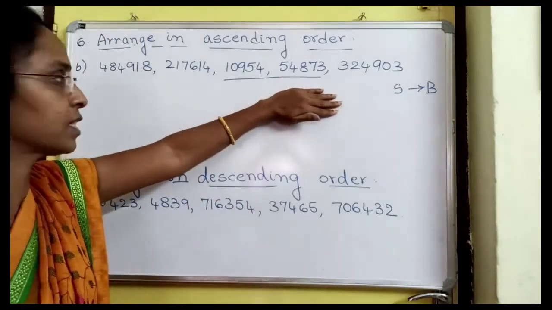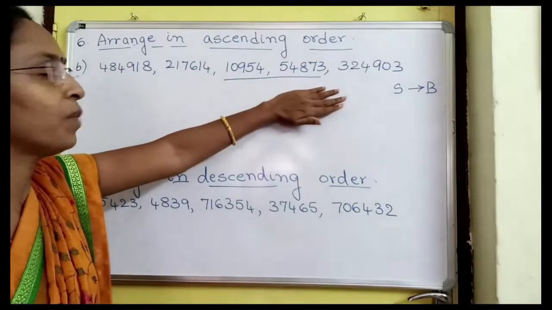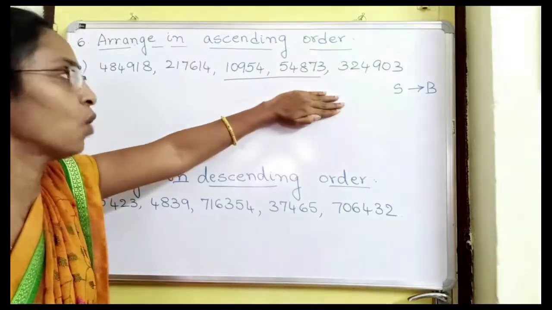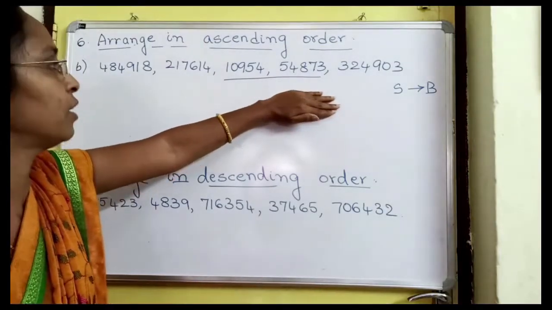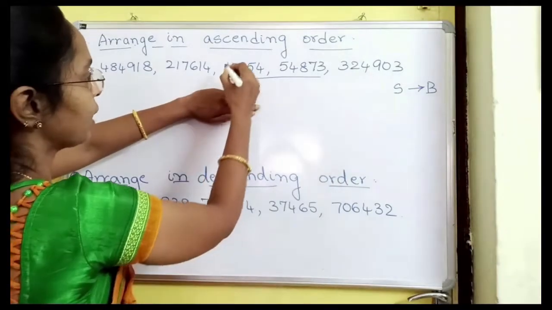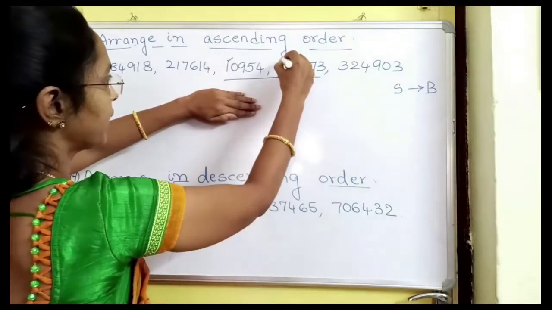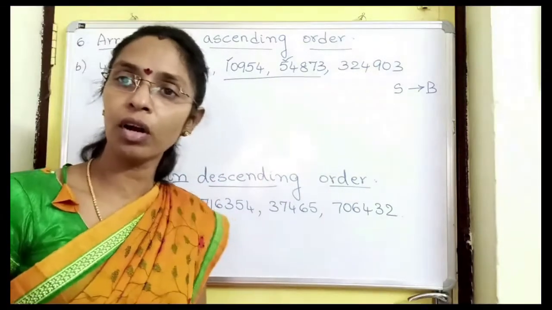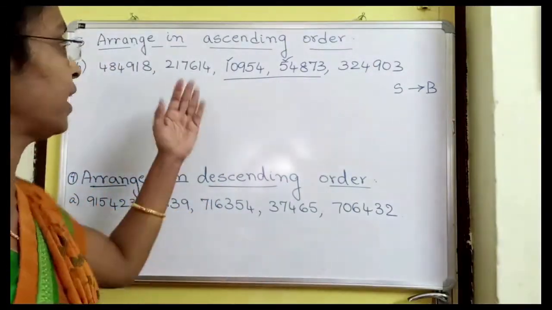So in these 5 digit numbers, which is the greater number? Both have the same number of digits. Now compare the highest place values. Here the highest place value is the 10,000 place. Here in the 10,000 place you have 1 and here you have 5. Which is more? 5 is more, so 1 is less.